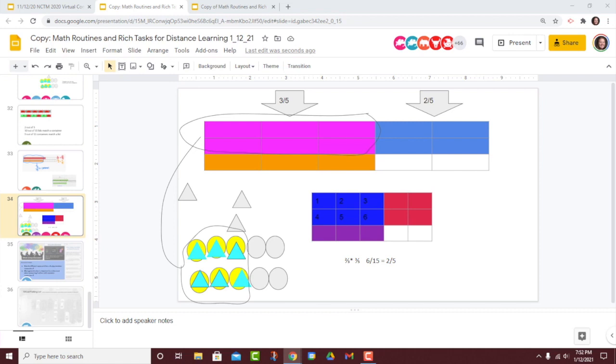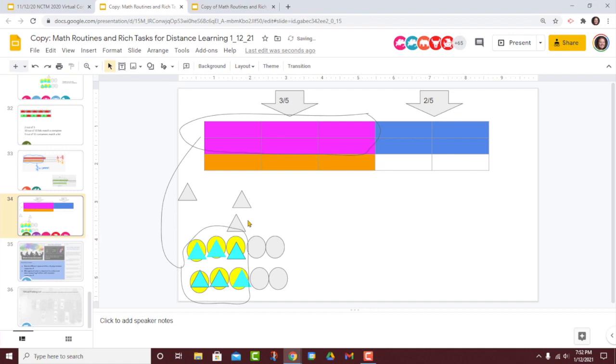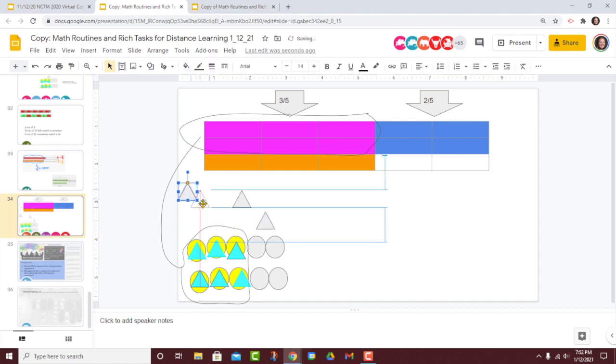So what I'd like everyone to do in the chat box, this is everyone's chance to have a voice. What does the blue section mean in terms of our circles and triangles? And what does the orange section mean in terms of our circles and triangles? In the chat box, try to make some sense of that.